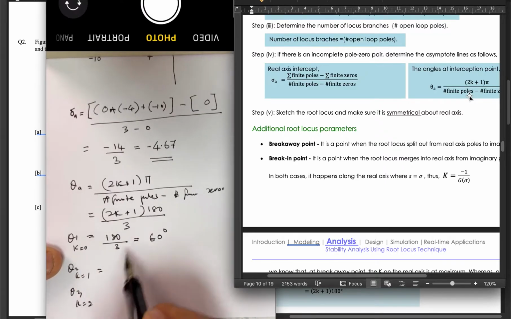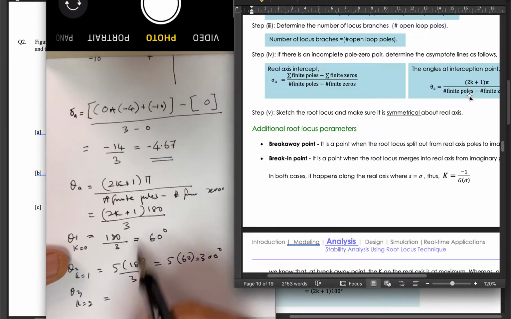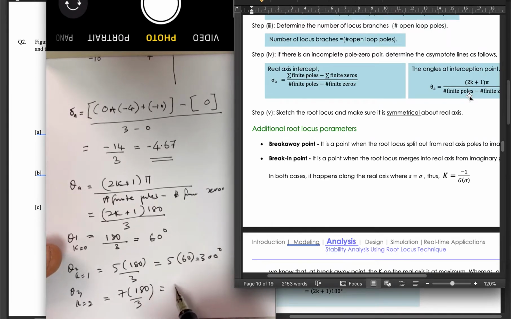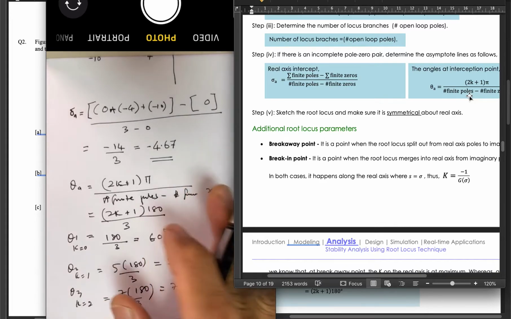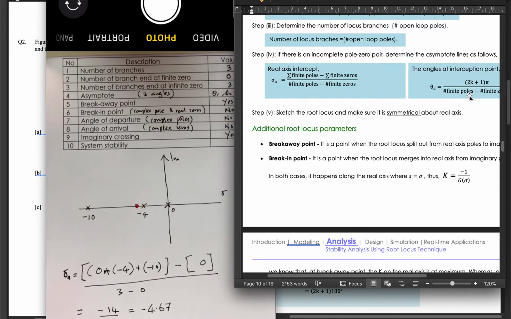Okay, all right, this angle we need to draw it here.